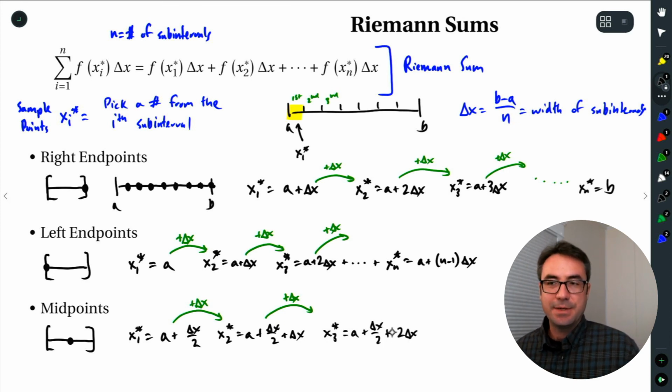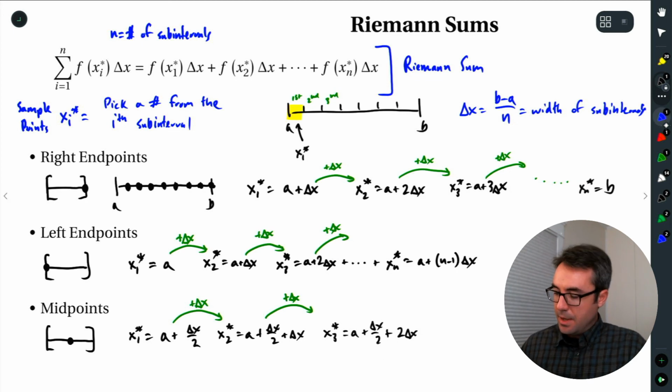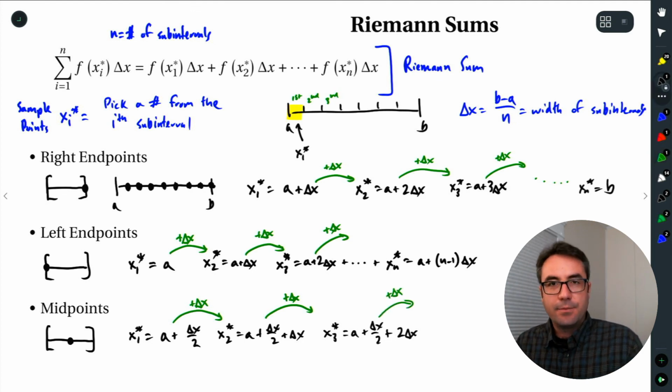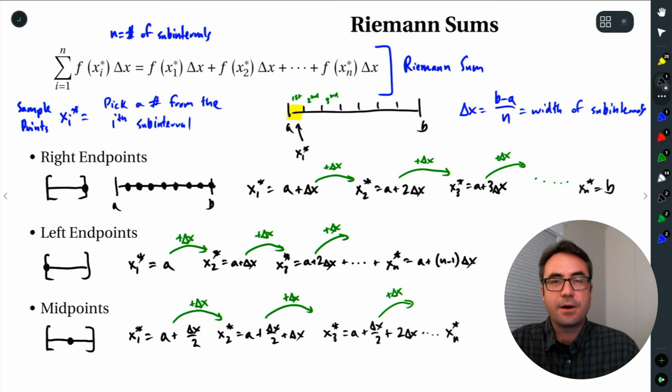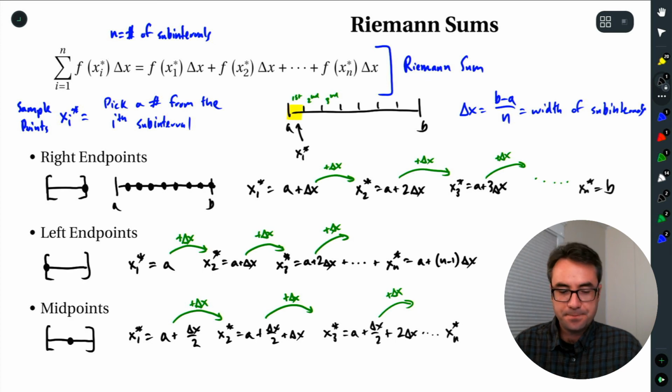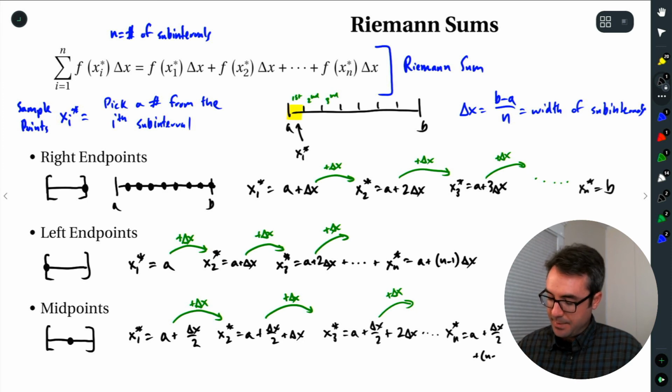If we wanted a common denominator, we could combine these. Then we keep adding delta x's to get the rest of our midpoints, and we should end up with our nth sample point, which is A plus delta x over 2 plus n minus 1 times delta x.